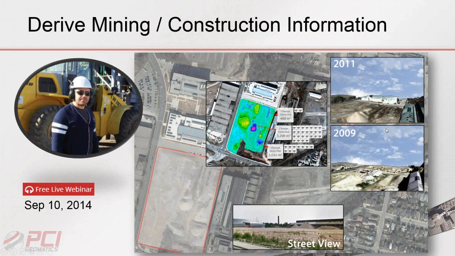So let's take a quick look here at our first application area, mining and construction information. Here we have a gentleman who's involved in construction, and this particular application is using change detection, but change detection on the elevation information that's derived from the multiple dates.